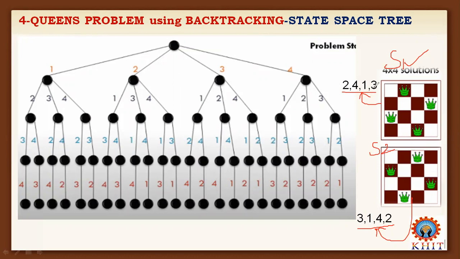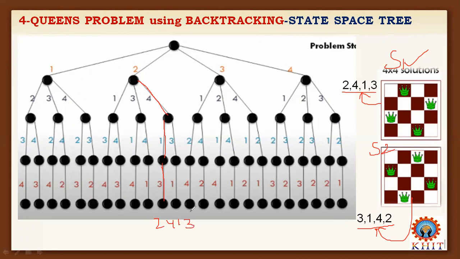So now we will see 2, 4, 1, 3 in the state space tree. We will draw it clearly: 2, next 2, 4, next 1, 2, 4, 1, next 3, 2, 4, 1, 3.